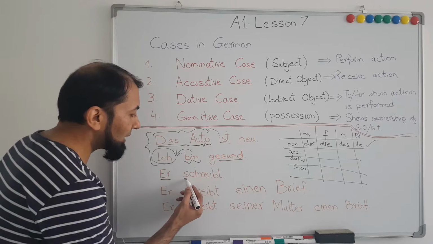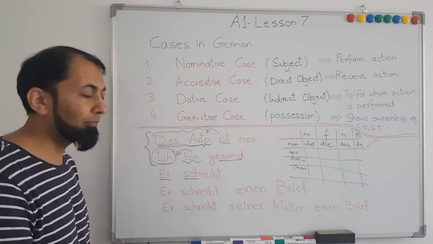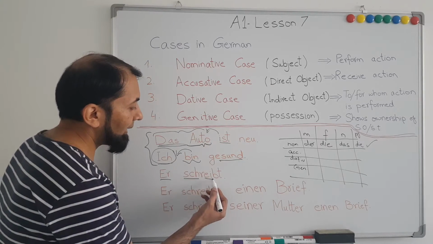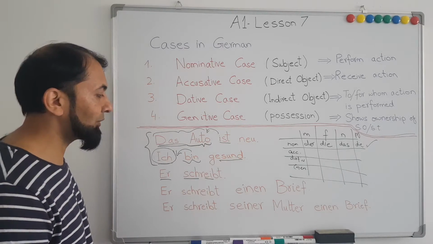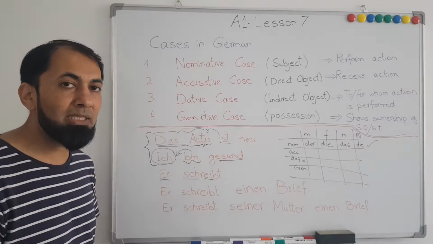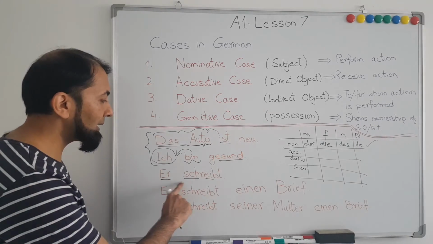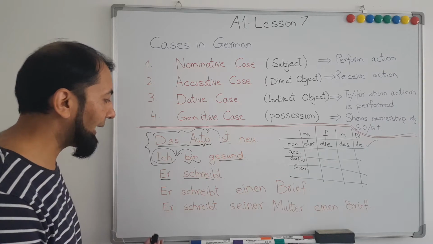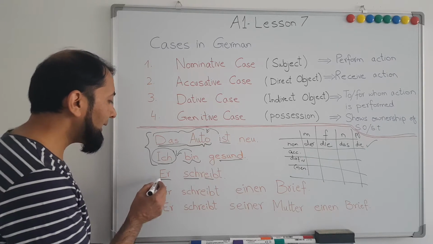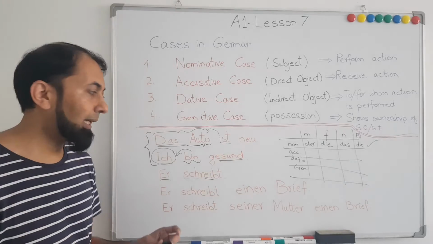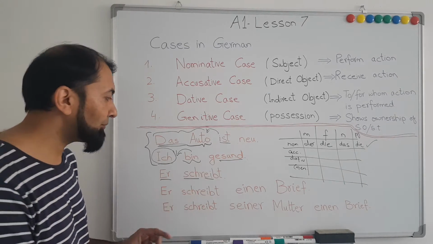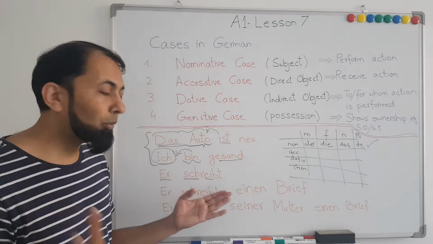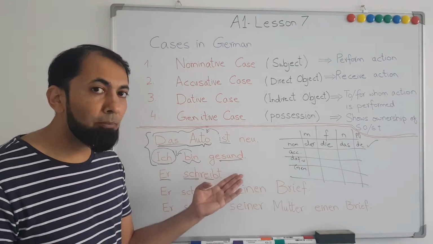Now, "sch" will produce a sound like "sh", and we have "ei" coming together, which will produce a sound "I". So it is "schreibt." He writes. Now he is performing an action, but he is just writing, so we do not have any object here.